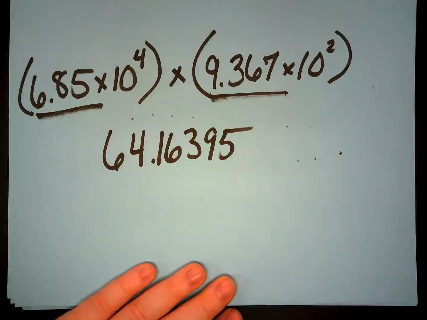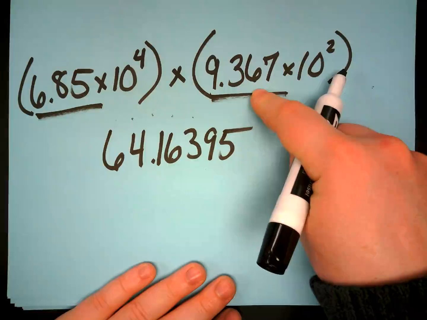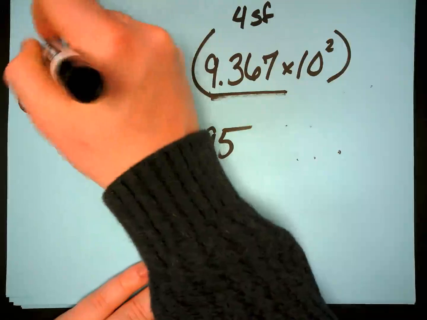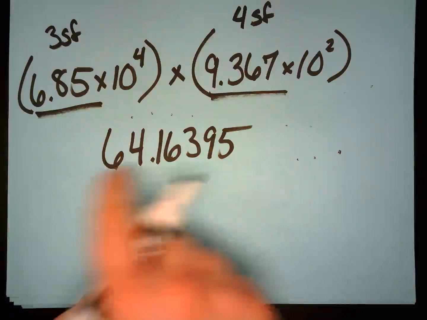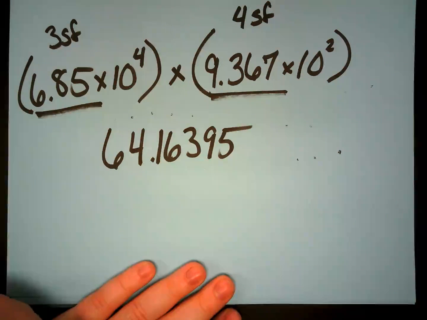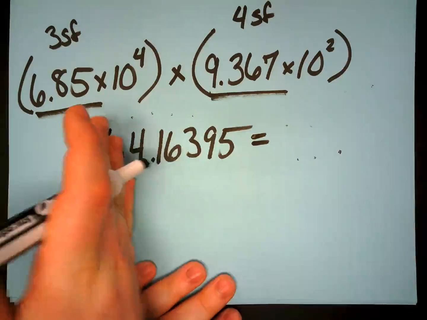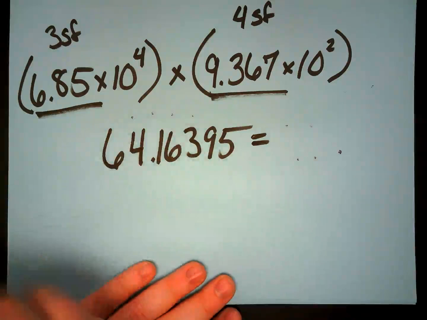Now I'm going to quickly put this into the correct number of sig figs, just to get it out of the way. We've got 4 sig figs over here, and we've got 3 sig figs over here. So this answer needs to have just 3 sig figs. So I'm going to count from left to right the number of sig figs I need.